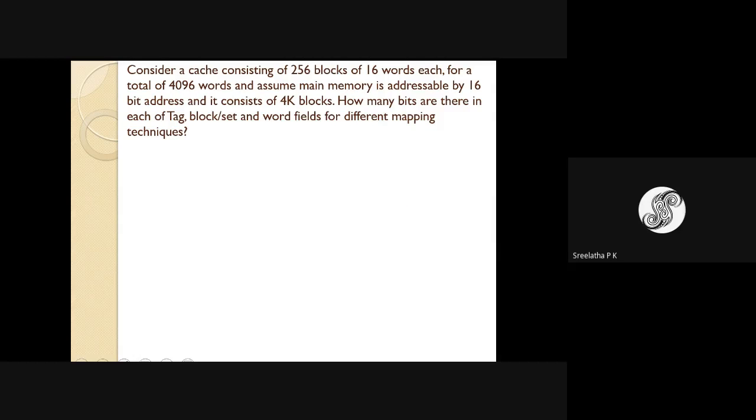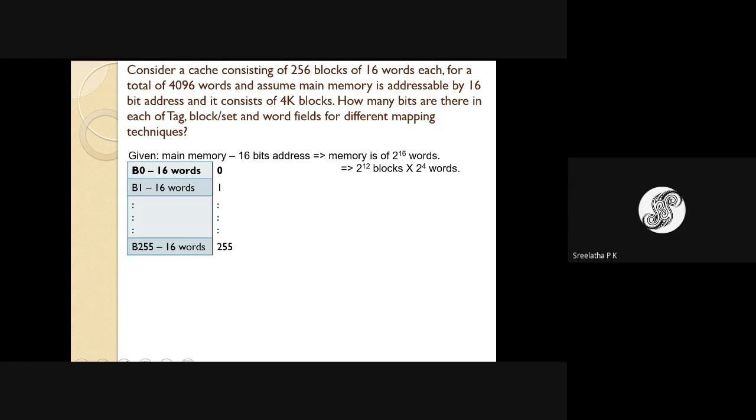Now we'll see the same problem for set associative mapping.